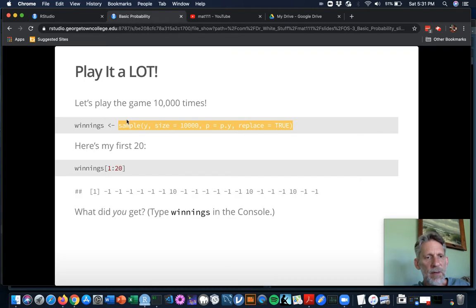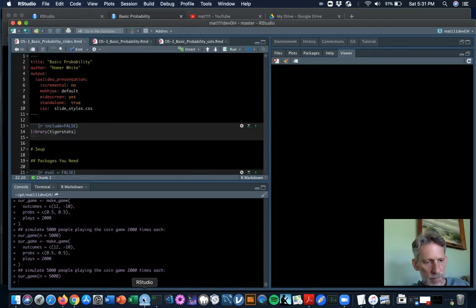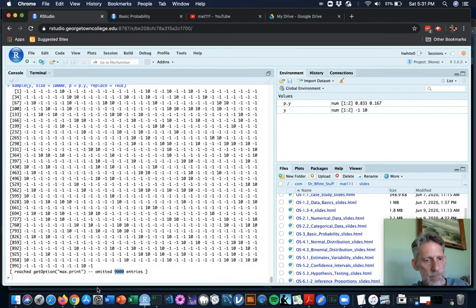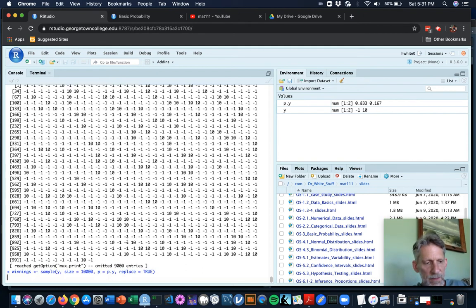And so that's the idea behind using this little assignment operator here to bind the name winnings to the result of such a large number of plays. So let's go ahead and copy this whole thing. Okay, let's run this.